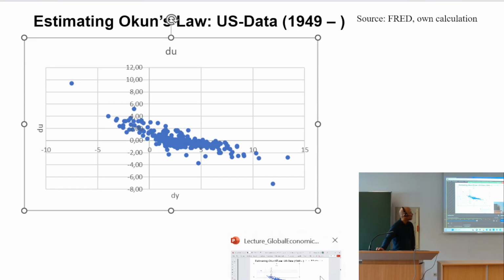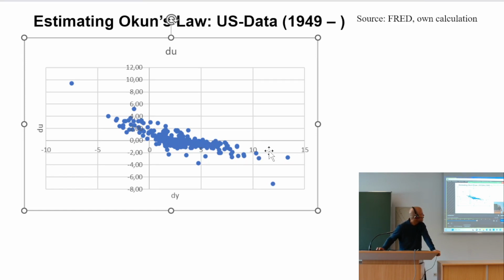So, and over the last 60, 70 years for the United States, what we descriptively more or less see is that there is a falling dependence between growth rate and change in unemployment, as we expect it.